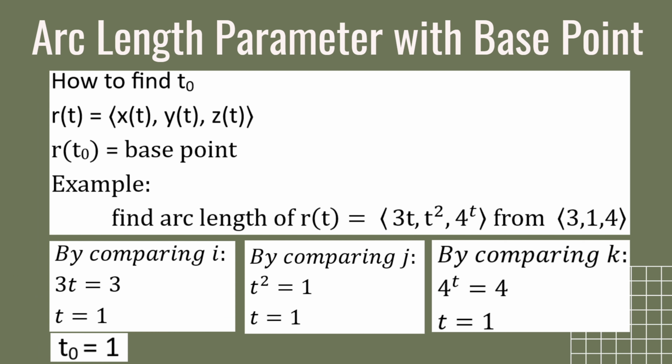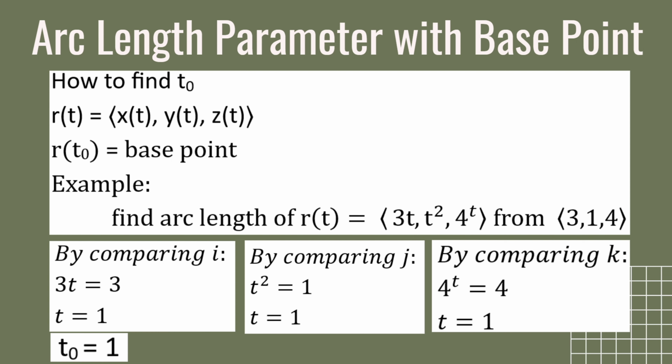To find t0, we have to let r(t) equal the base point and compare both components. By referring to this example, find the arc length of r(t) equals 3t, t squared, and 4 to the power of t from (3, 1, 4). By comparing i, 3t equals 3, then t equals 1. By comparing j, t squared equals 1 and t equals 1.